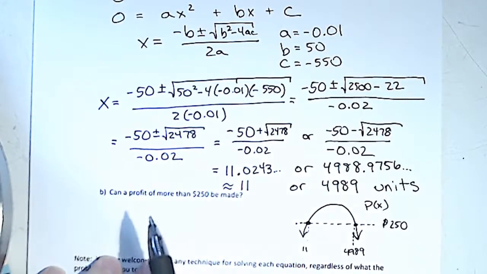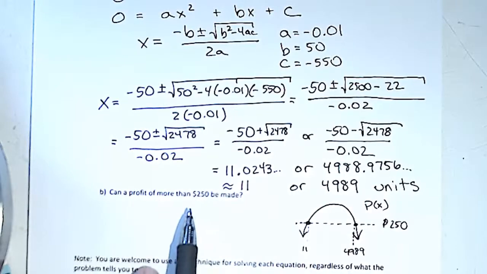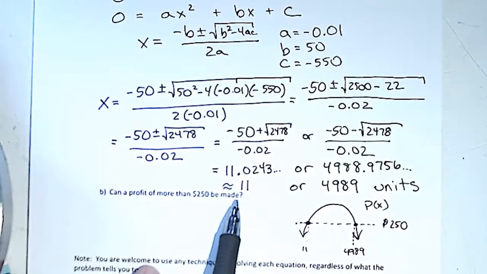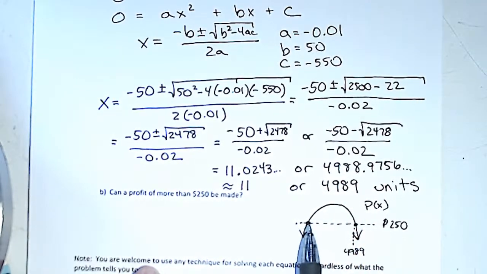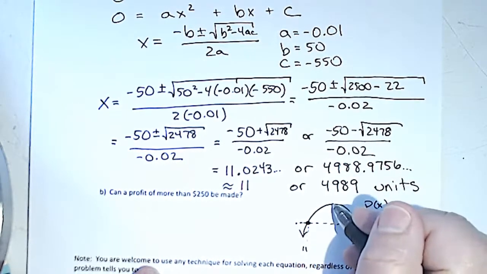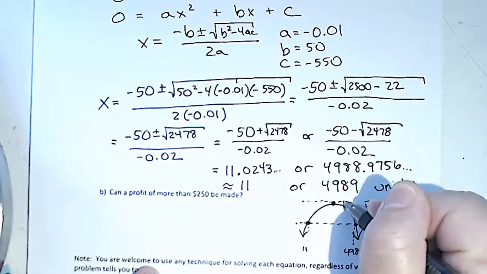And part B is kind of interesting. Can a profit of more than $250 be made? Which is a random question, except this is a really good business question. Because if you know what the sketch looks like, and you know there are two values as answers, then you know that this line of profit is falling here, as opposed to, say, here.